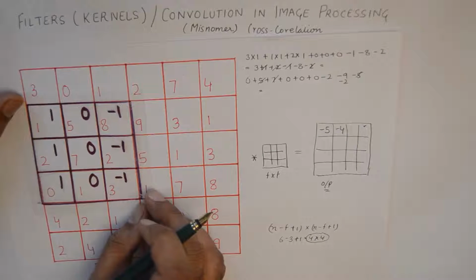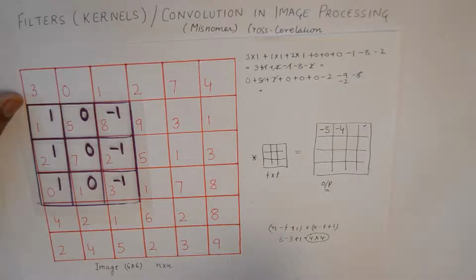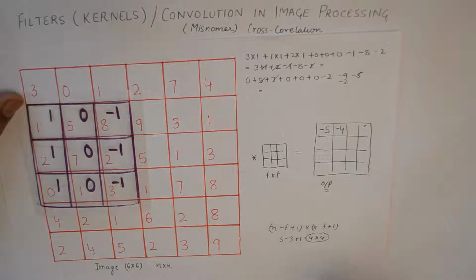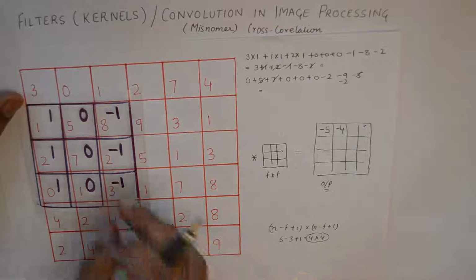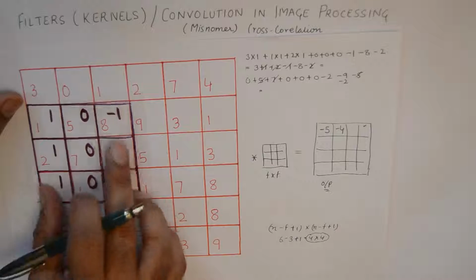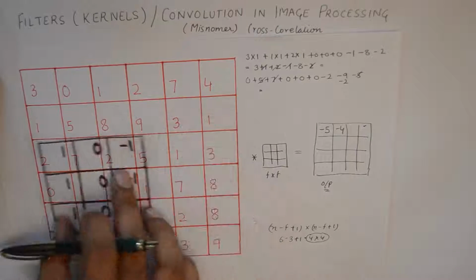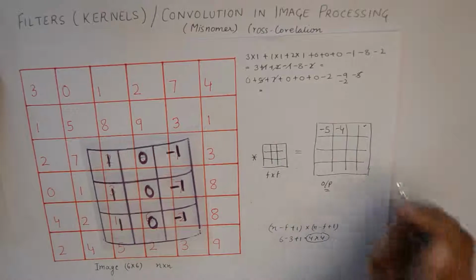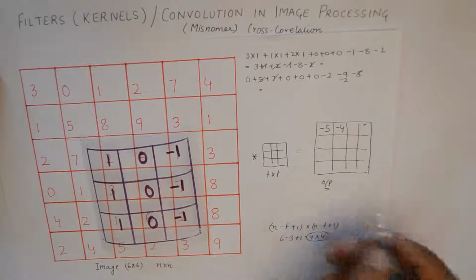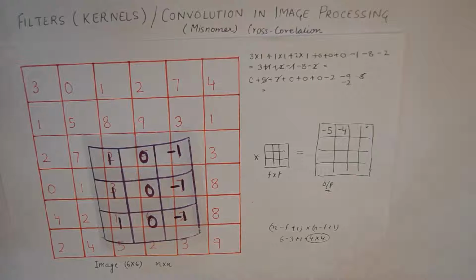So there is a limit as to how many times you can perform these convolution operations on the images. Then you slide down and then slide right to find the pixel values, and you'll get this output matrix, which will be 4 by 4 in size.